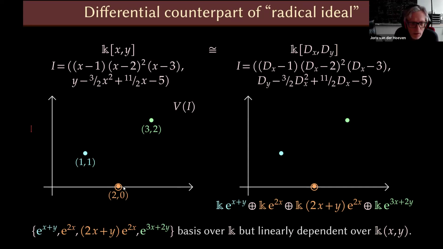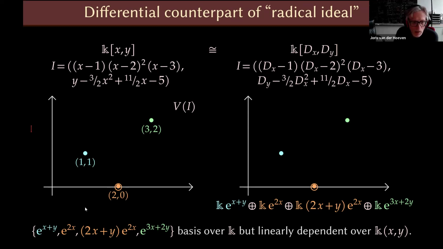If you have a multiple solution like the orange one here, then in the solution space, the corresponding exponential component, e^(2x), is getting a bit fatter. So you also get solutions that are this exponential multiplied by some polynomials in x and y.